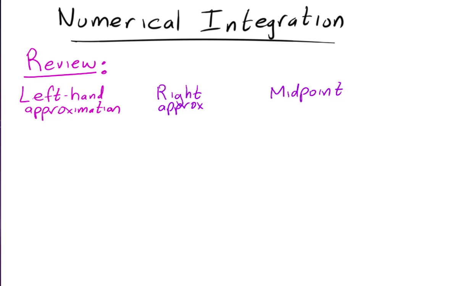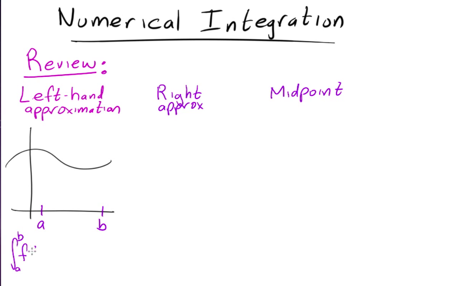Let's draw a picture here. Let's say we have a function, and we're trying to find the integral from a to b of f of x dx. So we're trying to find the area under the curve right there.